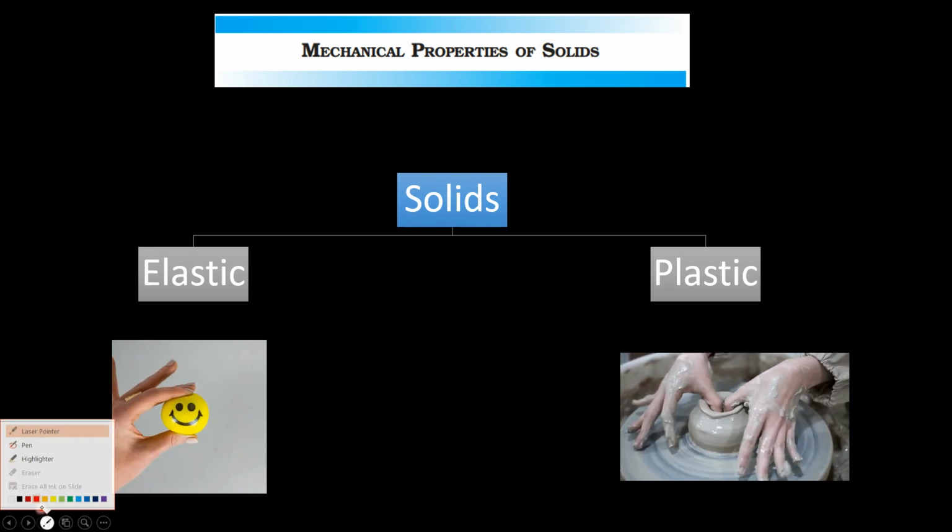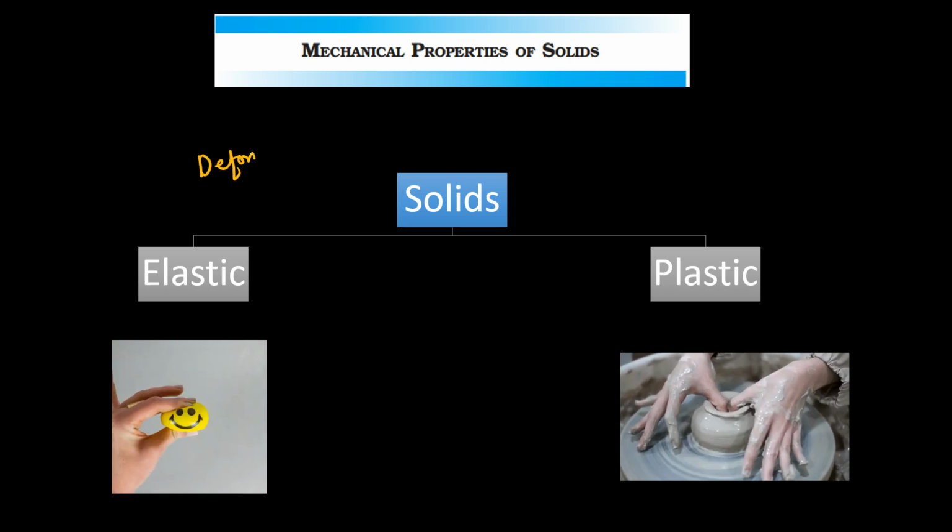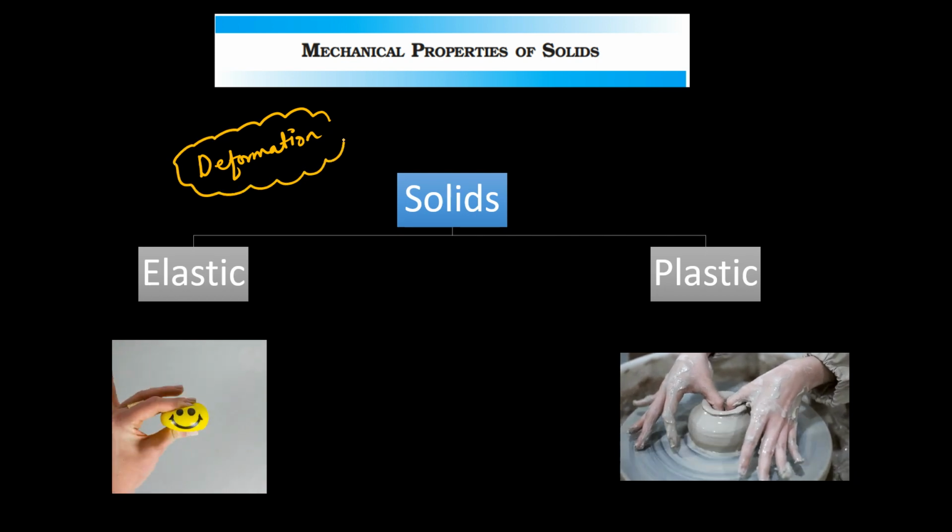And the force that we are applying, whatever the force that we are applying, that is known as what force? That is known as deformation force, force of deformation, right? So this is how we can classify the materials or solids. Either it can be elastic or it can be plastic.